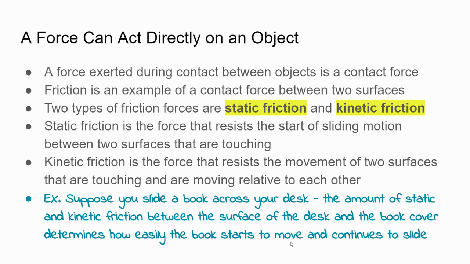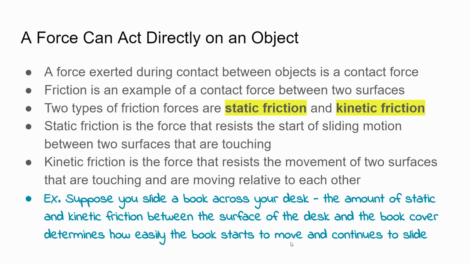Like you move a book across your desk, same kind of thing. The amount of static and kinetic friction between the surface of the desk and the book really determines how easily that book starts to move and then continues to slide. So static is when it's not moving, and kinetic is when it starts to move.